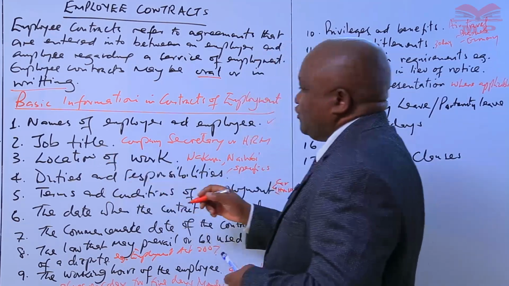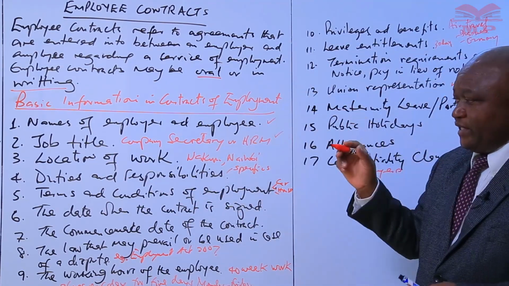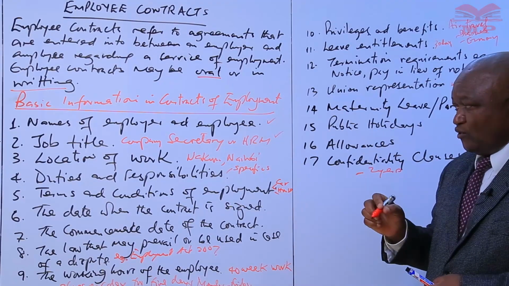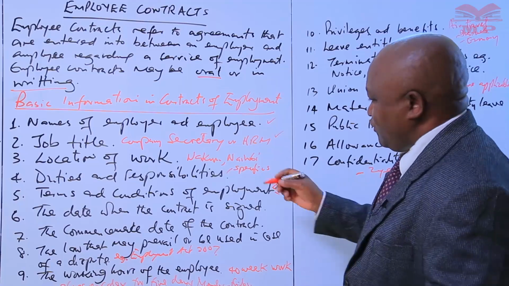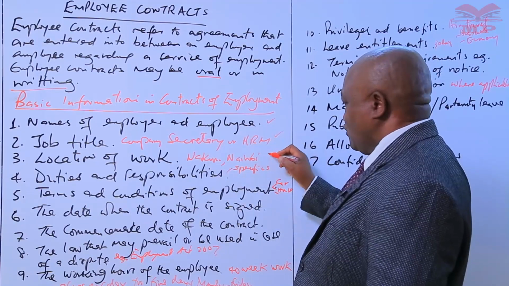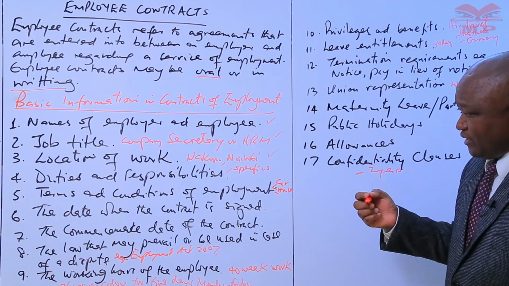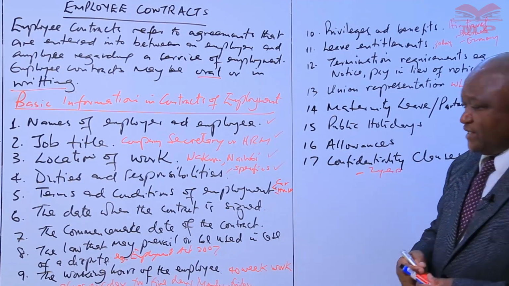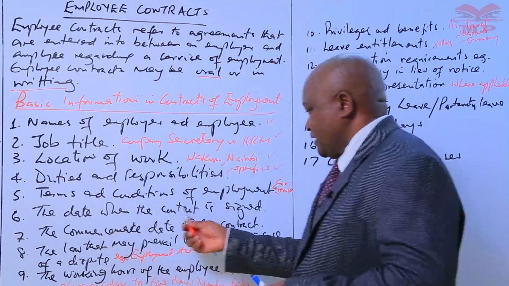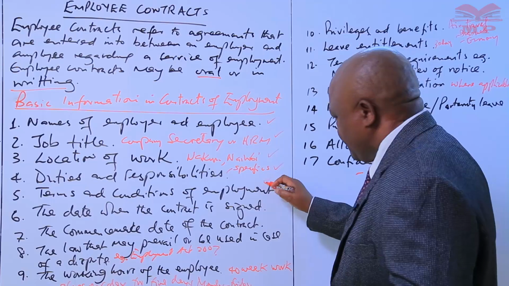Then the job title, for example, company secretary or human resource manager. Then the location of work where the employee will be performing their work, for example, Nakuru, Nairobi, and so on should be specified. Then duties and responsibilities should be specified. Specifics should be provided. Then terms and conditions of employment under which that employee is operating must also be provided.